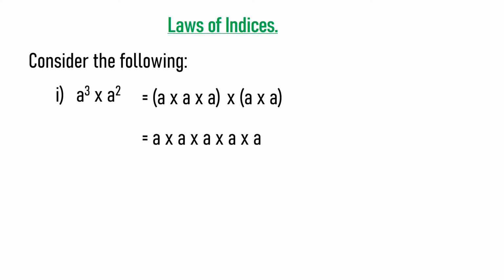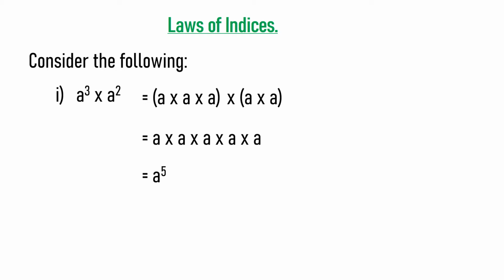This can be expanded to give us a times a times a times a times a. We can clearly see that a has been multiplied by itself 5 times. Therefore, it can be written in simple terms as a power 5, where 5 is the power and a is the base.